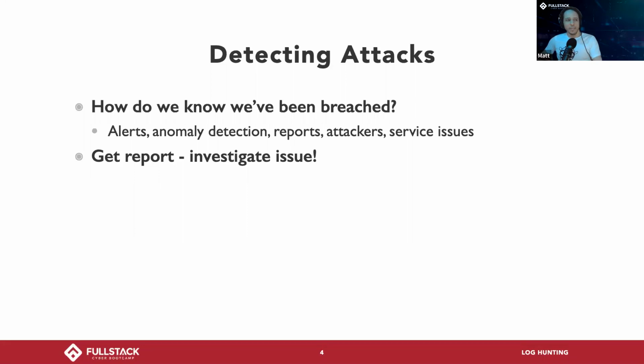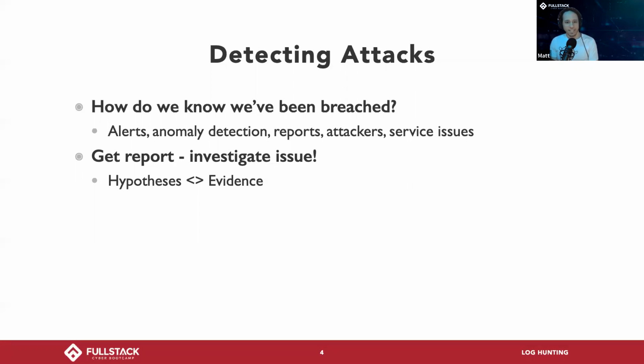So the cycle of being a novice blue teamer is you get a report and you investigate it. And the idea is, once you get this report, you need to create a hypothesis. Why did this happen? And there's not really any wrong answers here. It's important to be creative. I think William had an example before, someone logging into their bank account in New York and then someone logging in a few hours later in Singapore.